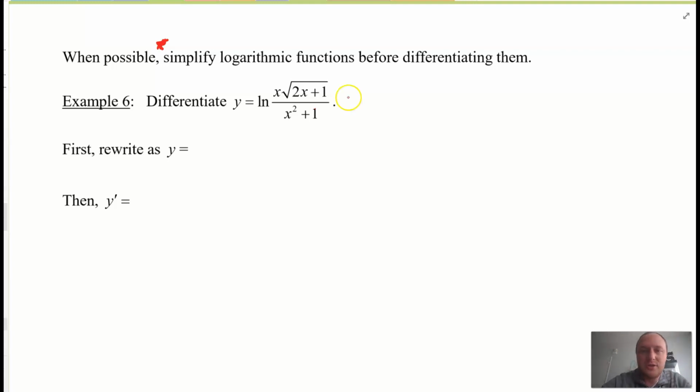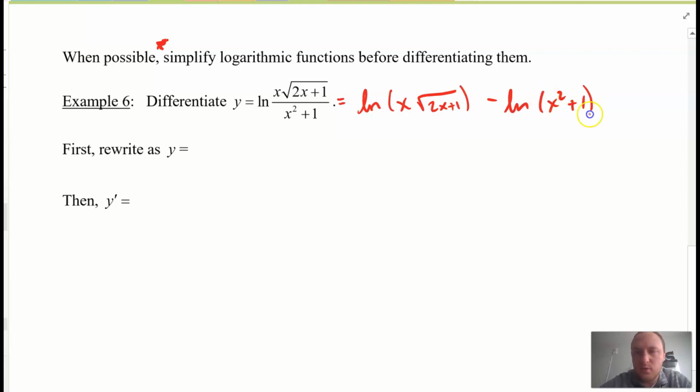And here's what we're going to do. I'm going to utilize the quotient property first. Remember, if I have the same base and we're dividing, I can go ahead and expand this out as subtraction. So I'm going to rewrite this as the natural log of x times the square root of 2x plus 1, minus the natural log of x squared plus 1.